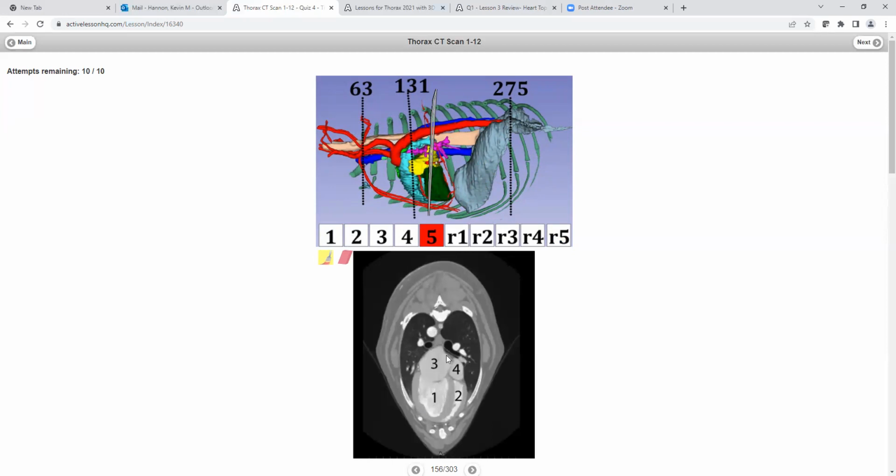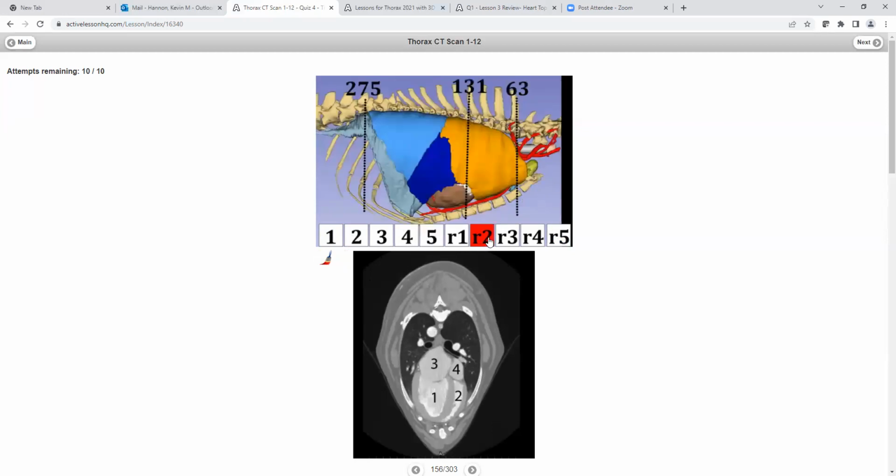Number 3 will be the left atrium. And then you can start to reason other things out. Well, if 1 is the left ventricle, what is 2 going to be? If we're at 156, and again, that's about right here, 2 has to be basically the right ventricle. And then 4 would be the right atrium. So that's how you get going.